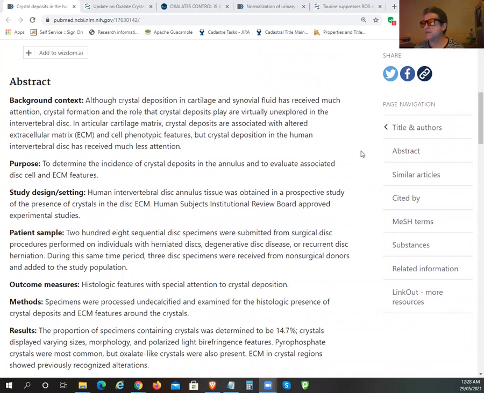Crystal deposition in cartilage and synovial fluids has received much attention. Crystal formations and the role that crystal deposits play are virtually unexplored in the intervertebral disc. In articular cartilage matrix, crystal deposits are associated with altered extracellular matrix and cell phenotype features, but crystal deposition in the human intervertebral disc has received much less attention.